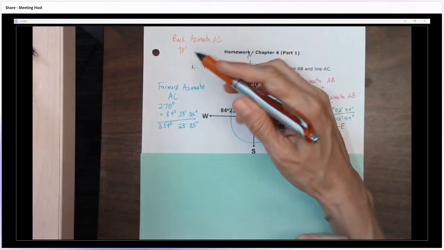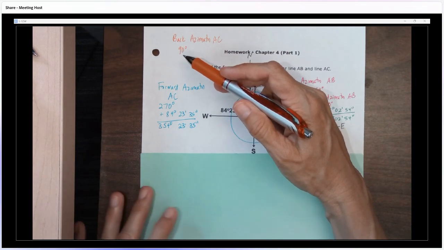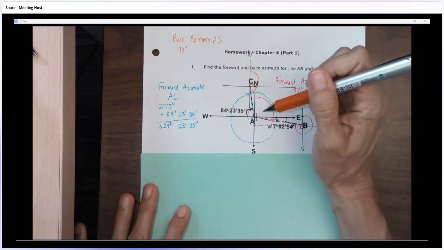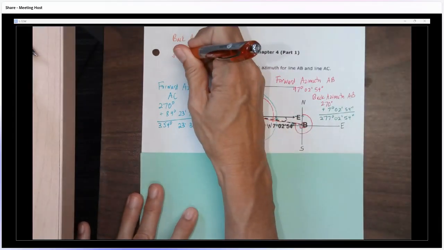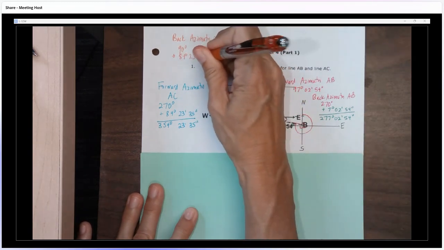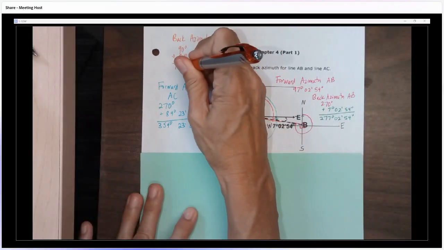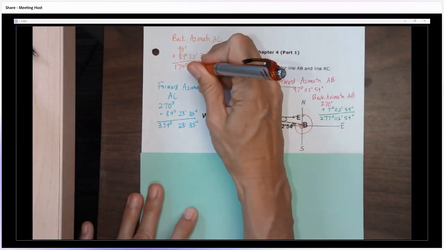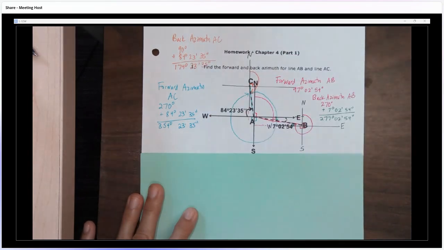So we'll take that 90 degrees for that back azimuth and add on that 84, 23, 35. And that will get us to a total of 174 degrees, 23 minutes, and 35 seconds for that back azimuth of AC.